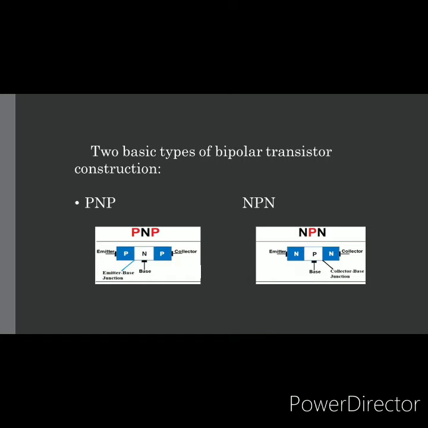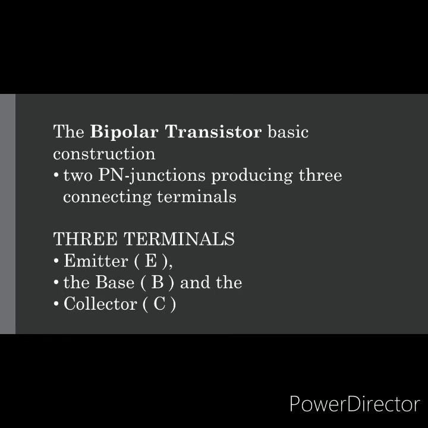There are two basic types of bipolar transistor construction: PNP and NPN. PNP, or positive negative positive, and NPN, or negative positive negative, basically describe the physical arrangement of the P-type and N-type semiconductor materials from which they are made.